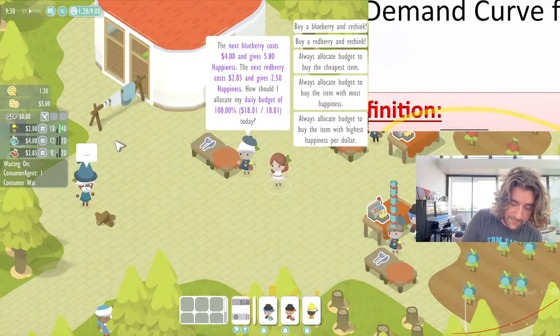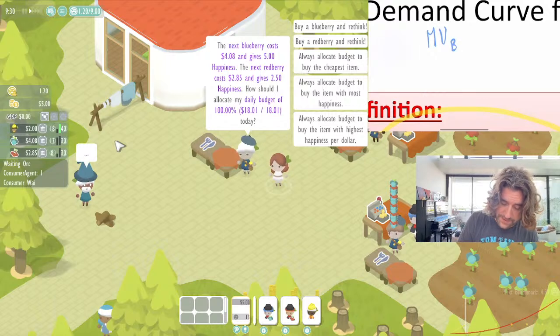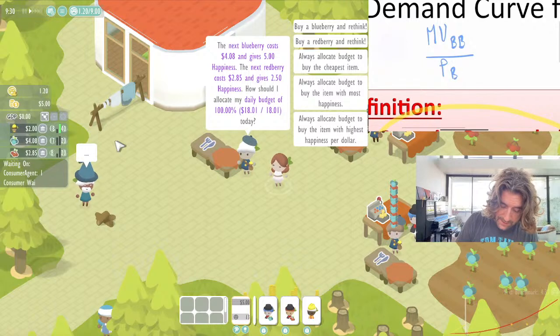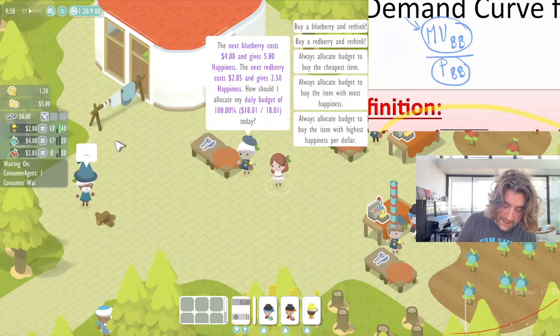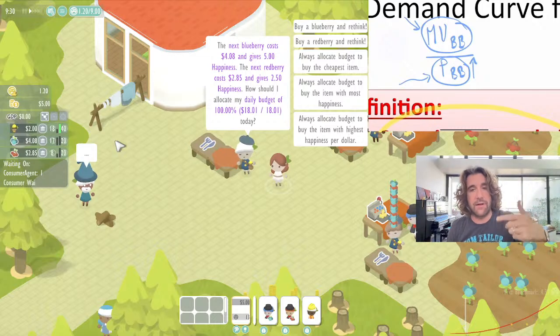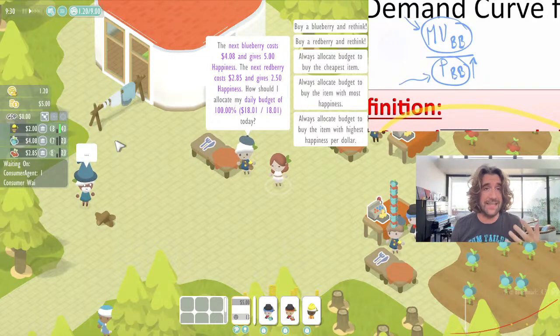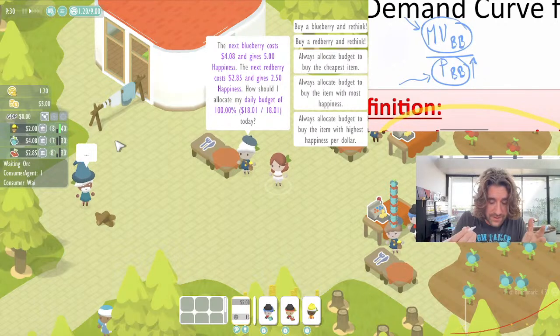If you think about it that way, so this is the marginal utility, for example, for blueberries divided by the price of blueberries. Cycle after cycle, this part is not changing. The preference of your individual here does not change, but what changes is the price of a blueberry. In this case, it's going up, market cycle after market cycle, because of that excess demand for blueberries, the market is responding by increasing the price.